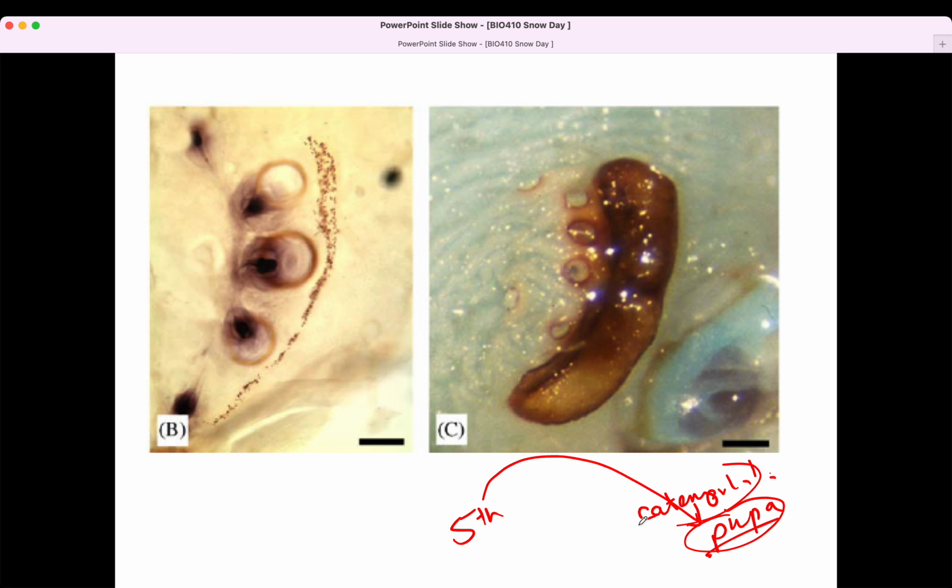The pupa is brown, the caterpillar is green, and so you can see here that these cells thought, oh yeah, we're on our way to make a pupa, and the other cells thought we're going to make a caterpillar.